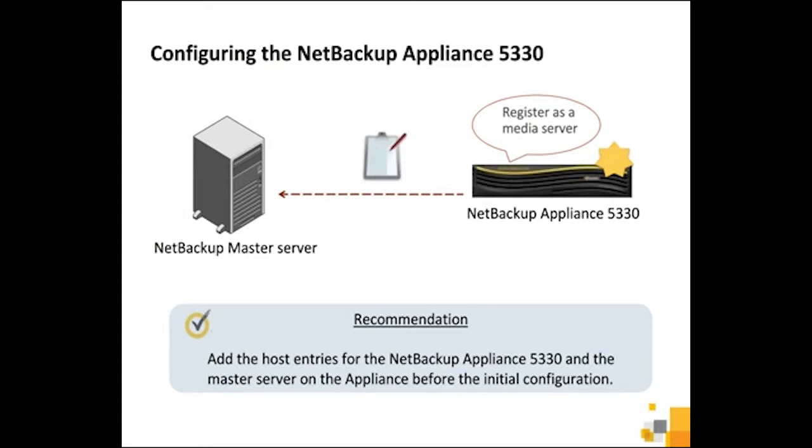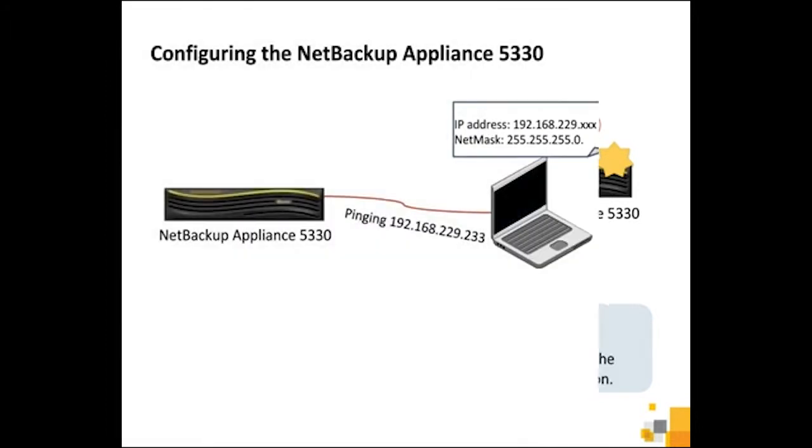It is recommended to add host entries for the NetBackup Appliance 5330 and the master server on the Appliance 5330 prior to performing the initial configuration. This will help prevent any name resolution issues from impacting the appliance to master server communication and hence causing the initial configuration to fail. This task must be performed through clish.